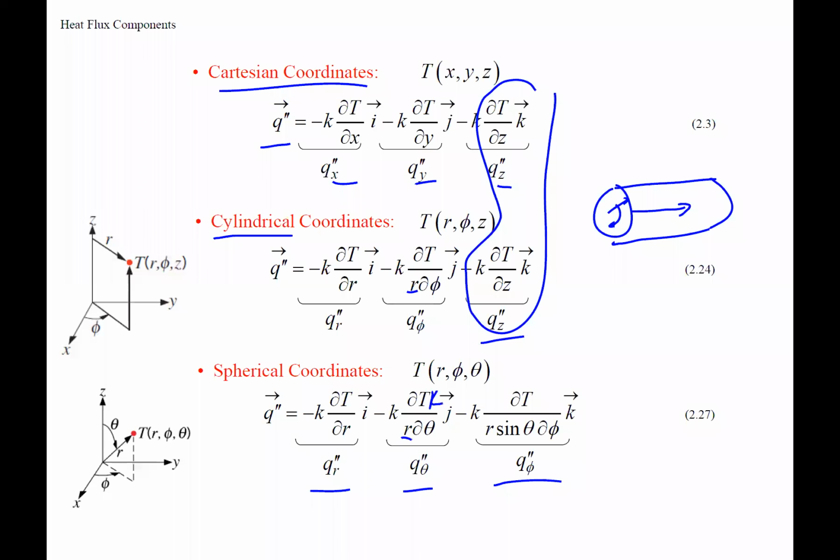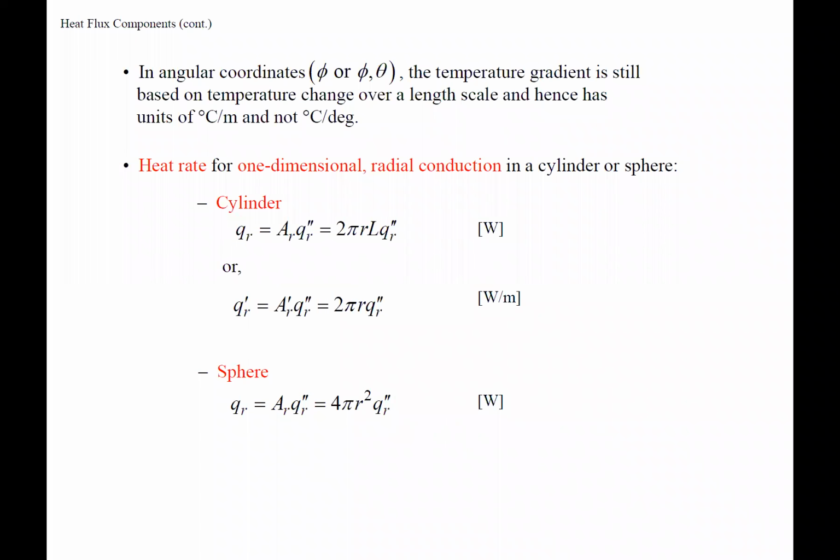This is, let's say, Kelvin, and this is meter, right? You can't have just the angle there, that would be Kelvin over degree or something like that, right? So when you actually solve for these components, it still has that r, which gives that unit of length. Okay, and that's what you see mentioned right here.